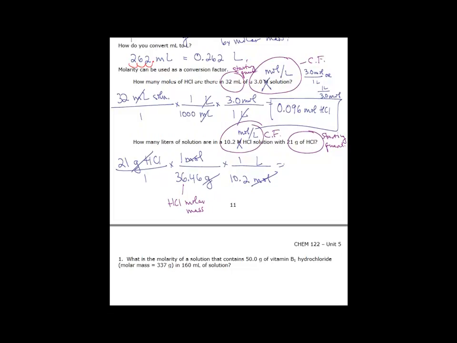So the question asks for how many liters. So 21 divided by 36.46 divided by 10.2 gives you 0.056 liters of solution. So this is how molarity can be used as a conversion factor. Keep in mind that it's not a percent concentration, so you don't need to take it out of 100 like we did with the previous lecture. So bear that in mind.